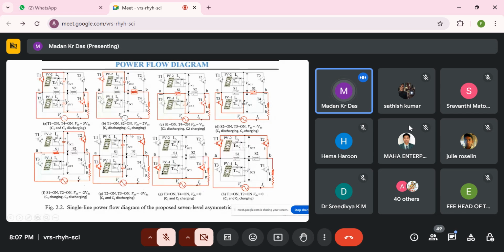And this is the zero, this type of zero, and another is zero. So you can easily understand how the current flows for every level.